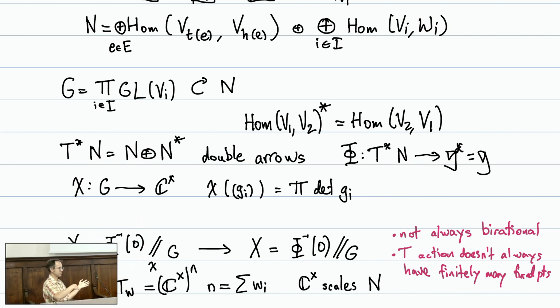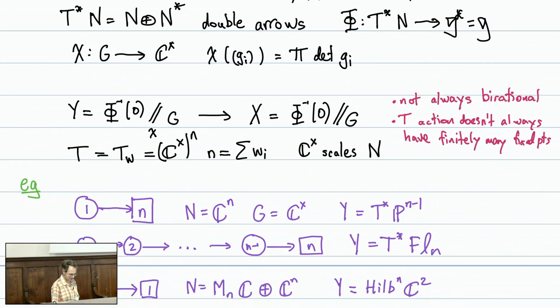So everything in the picture has an action of GL of each of the WI's. Now I take what I call TW, the maximal torus of those GL of WI's, just diagonal matrices in each GL WI. Overall, that becomes just C star to the n, where n is the sum of the WI's, and that will act on y.